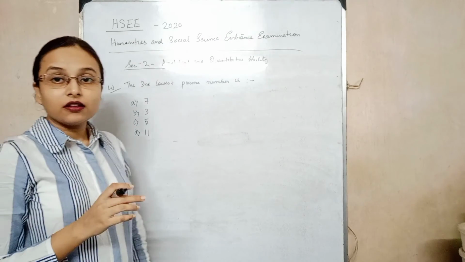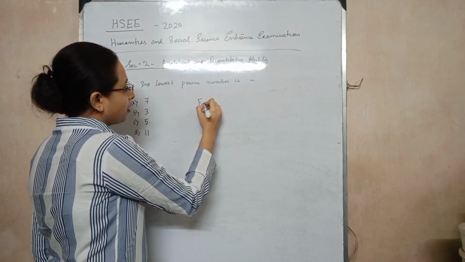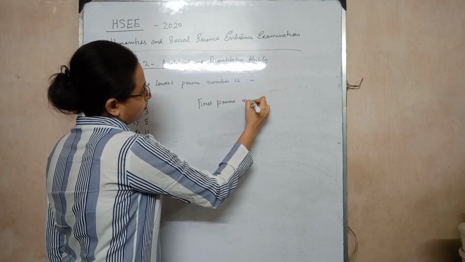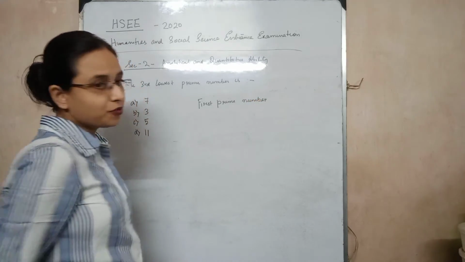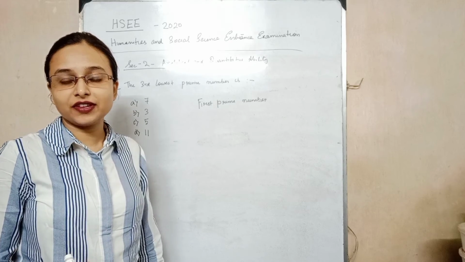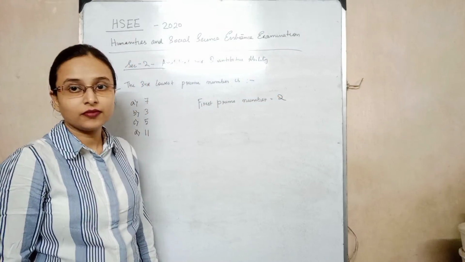So now recall your concept of prime numbers. The first prime number, any guesses? You must definitely be knowing, that is 2.